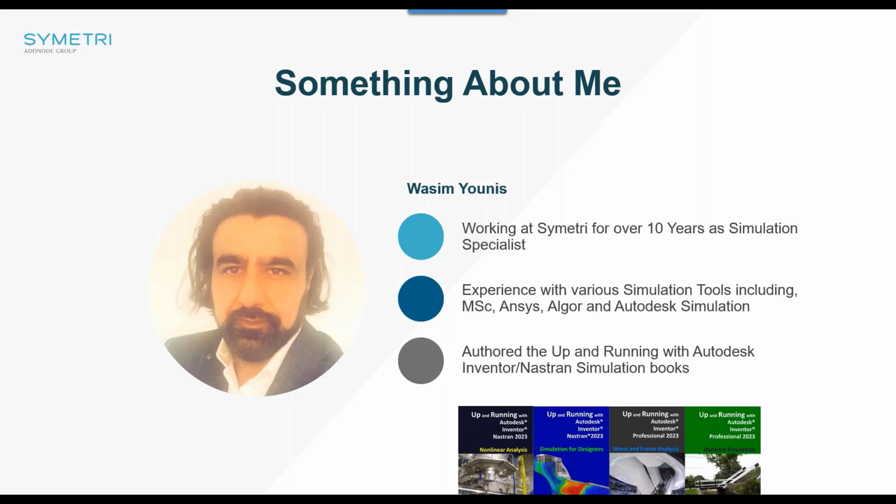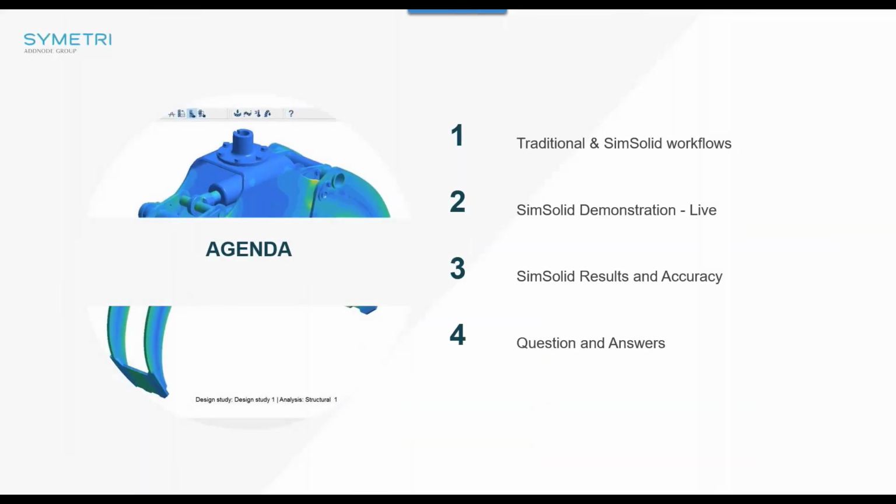So enough about me. The agenda is to go through comparing traditional solutions against SimSolid, because I think everybody here is more or less familiar with the various traditional software like ANSYS, Inventor, or Nastran.